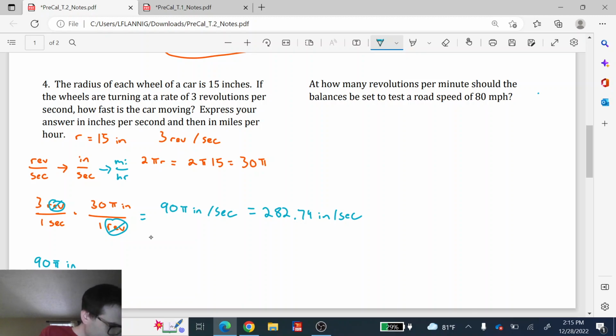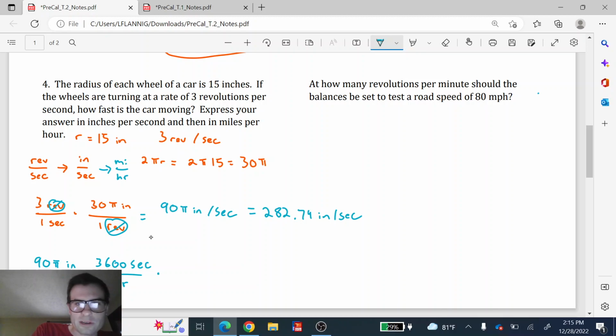I'm going to do seconds to hours first. So how many seconds does it take for an hour? That is 3,600, because 60 times 60: 60 seconds in 1 minute and 60 minutes in 1 hour. So 60 times 60 is 3,600 seconds per 1 hour.